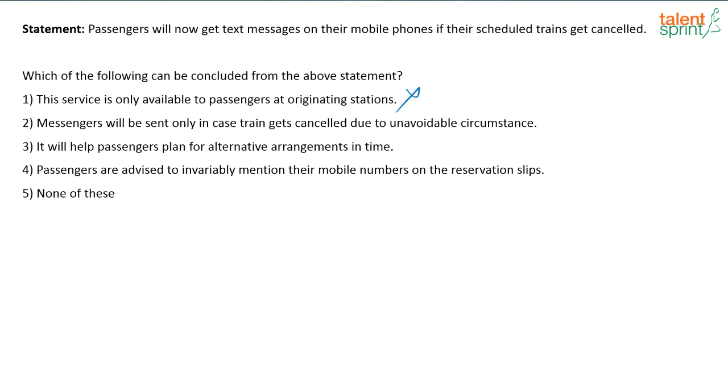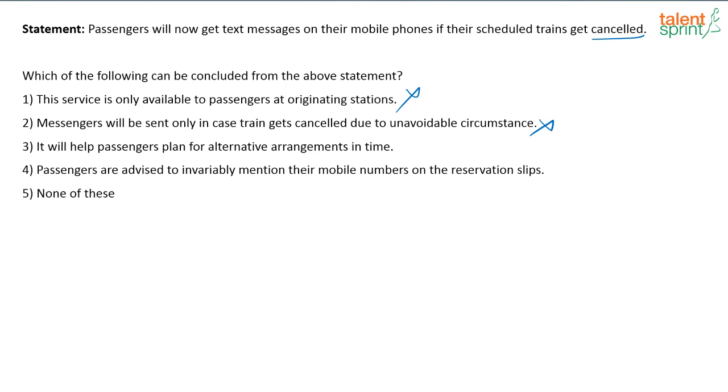Next one, messages will be sent only in case trains get cancelled due to unavoidable circumstances. Again, nothing like that is mentioned. They should have mentioned in the statement that you will get the message only if the train is cancelled due to unavoidable circumstances. Nothing like that is given, so how can you conclude that? So that is also not true.